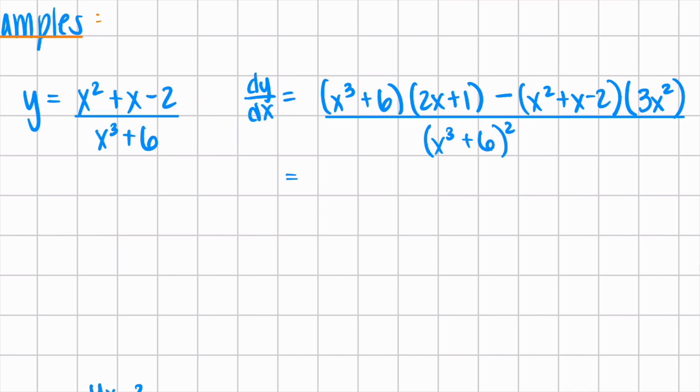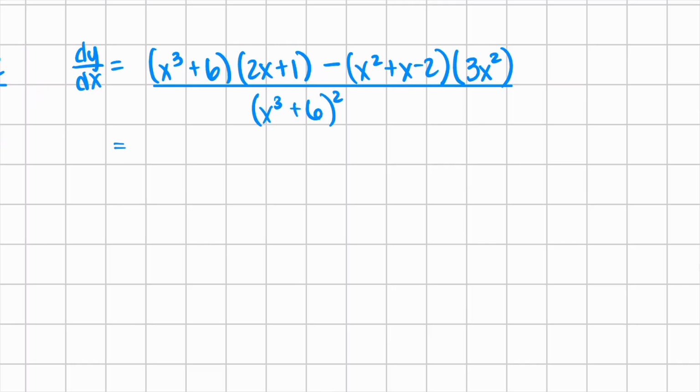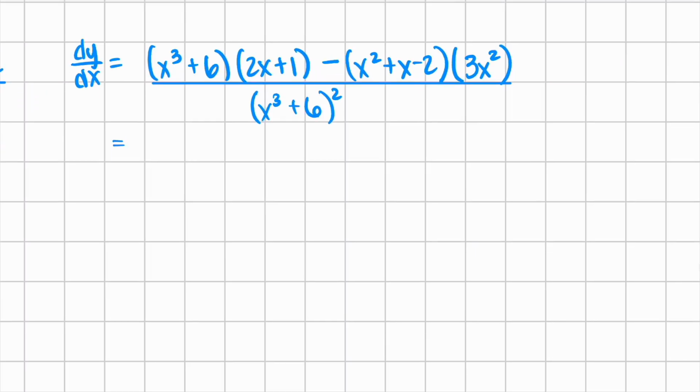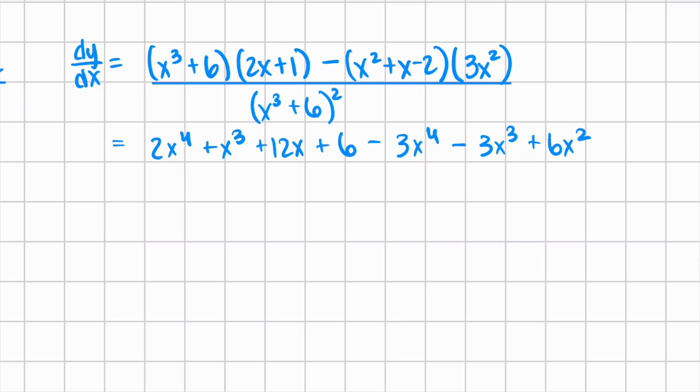From here, we want to simplify, so it's going to be some algebra in that numerator for sure. So multiply all of this out. And then I'm going to have minus 3x to the 4th minus 3x cubed plus 6x squared. And then I'm not going to multiply out the denominator.